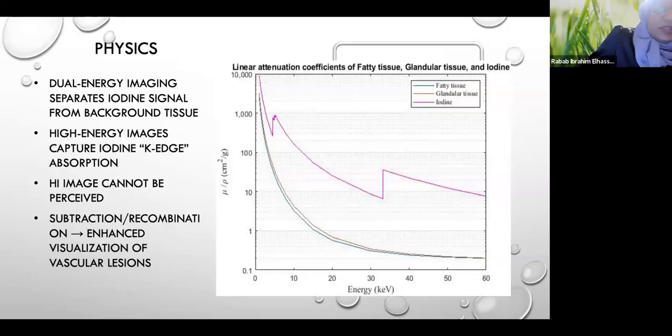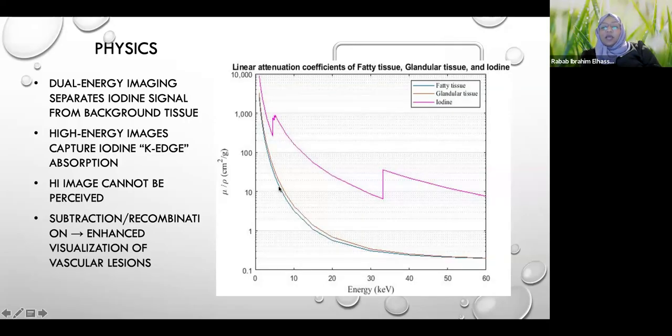Just a few words about the physics. I won't go deep because I don't know much. But just to understand how the technique works. This graph shows the attenuation values against the energy, the kVp, of the X-ray beam.